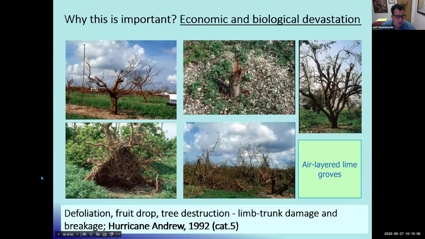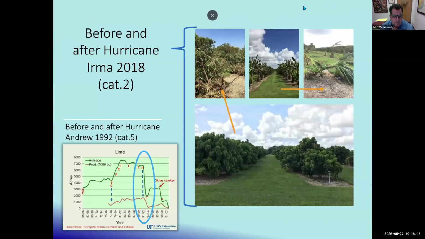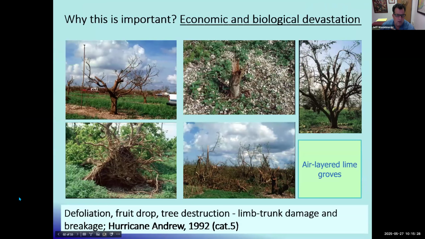So I am not able to see the little clicker. There it is. Okay, so why is it important to be ready for hurricanes and be ready to do things afterwards? Obviously, you're going to have economic and biological devastation.